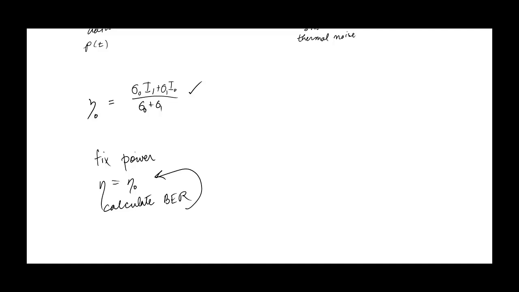And for each one, we calculate the bit error rate. Once we have examined a number of thresholds, we simply find which threshold corresponds to the minimum bit error rate, and we use that. And that is a numerically optimized threshold. And we'll do this for each one of the powers. And this will be important for you to get accurate results throughout, but especially when you're doing your validation. I think you'll see a difference when you use the numerically optimized threshold and compare your results against the theoretical.